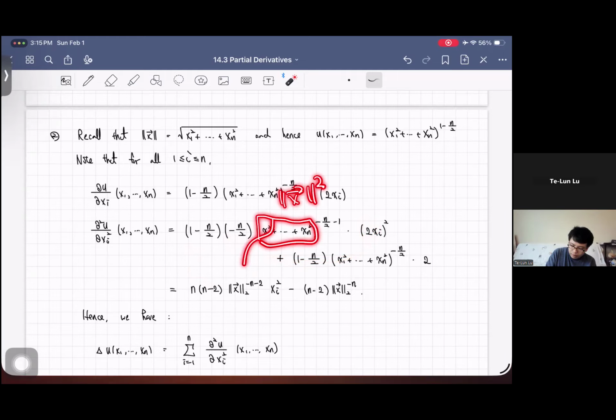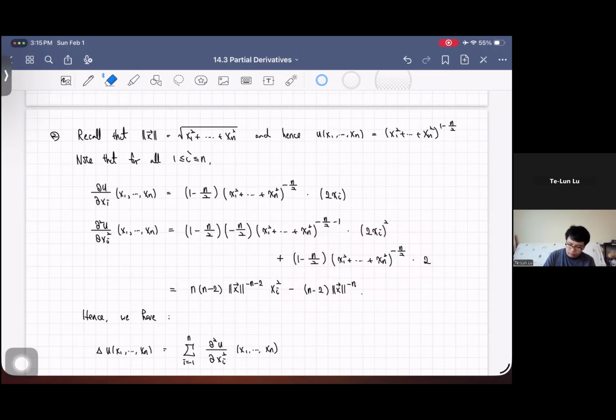So you get the magnitude of x to the minus n minus 2. And then this guy is just xi squared, right? Similarly, in this case, we plug 2 here, so you get 2 minus n, which is minus n minus 2. And similarly, this guy is simply the magnitude of x to the minus n. Sorry, I shouldn't put it 2.